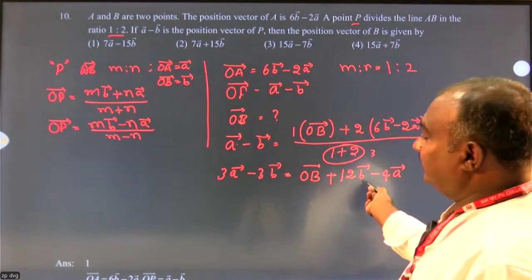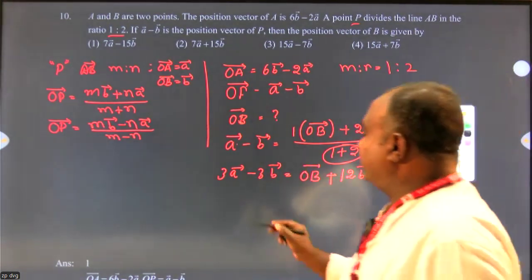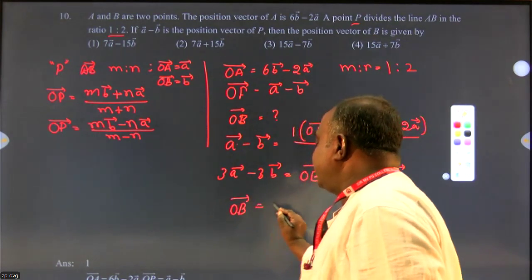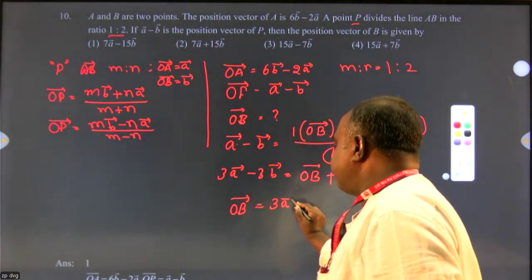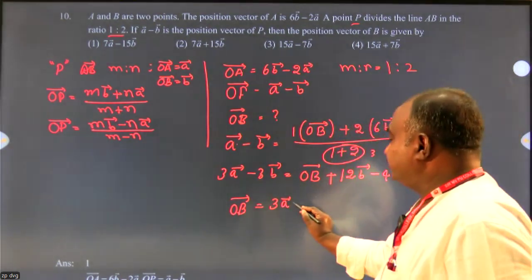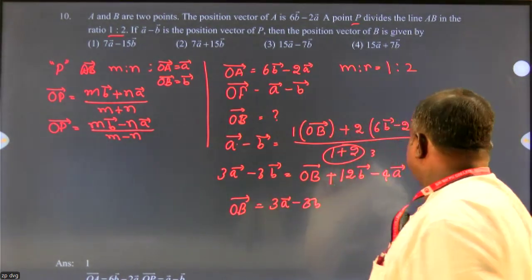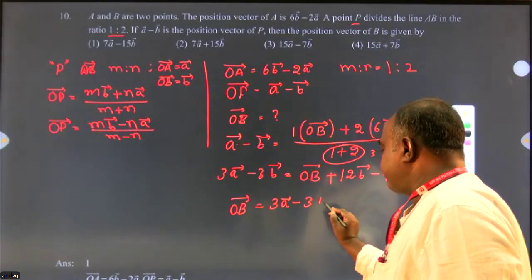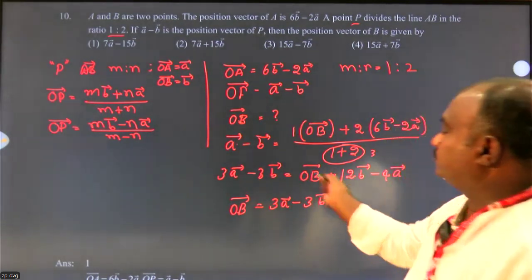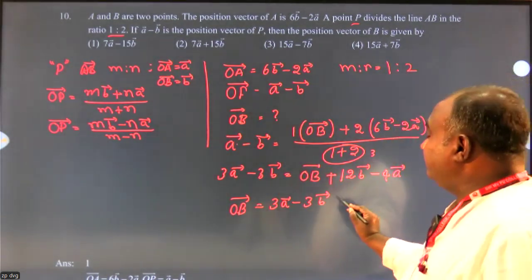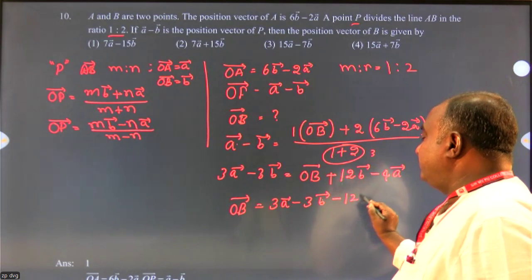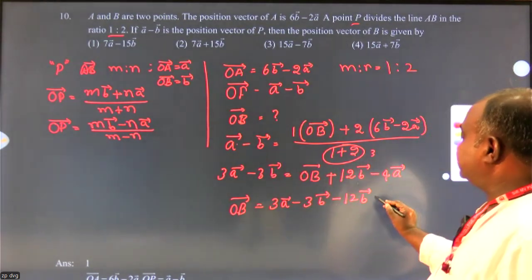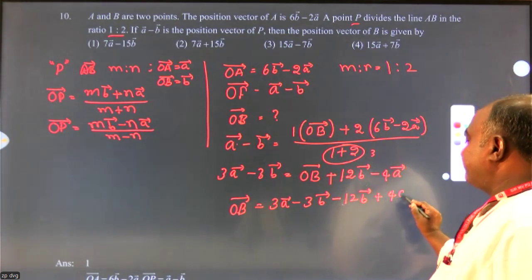Now, OB bar you require. Take all these values outside. What are you getting? OB bar is equal to, already in the LHS, what is there? 3A bar minus 3B bar, now plus 12B bar you take outside, it becomes minus 12B bar, and minus 4A bar you take outside, plus 4A bar.